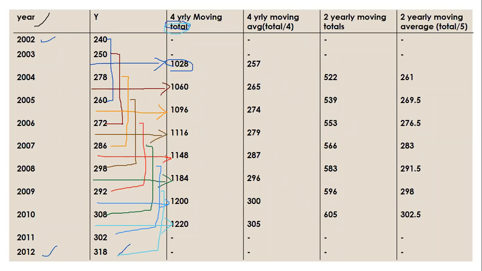Now, what should we do to find the average? We have found the total. So what are we supposed to do to find the average? Okay, I got one answer. How about others?